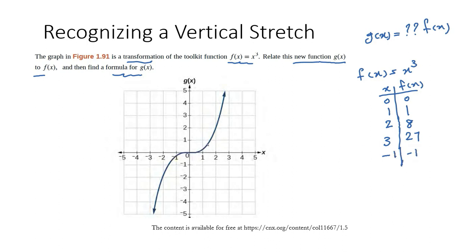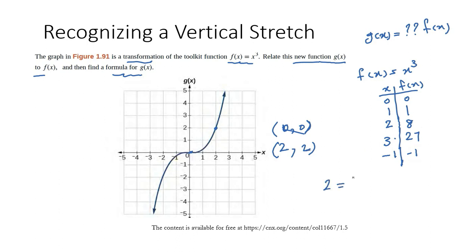So now here we have 0 and 0, 1, 2 and 2. This one is easy to tell. 2, 1, 0 and 0. 2 and 2. Here was 2 and 8. Here is 2 and 2. So output was multiplied by 1 over 4.